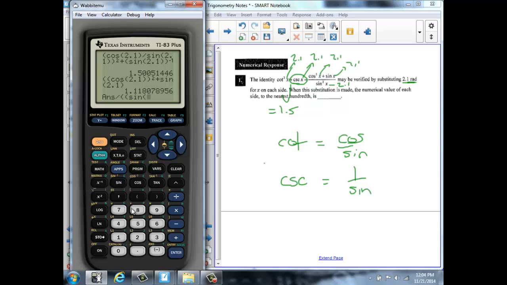The hardest part about this is dealing with all those brackets. And that should also equal 1.5.